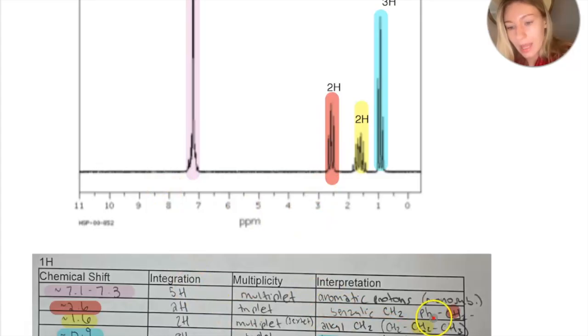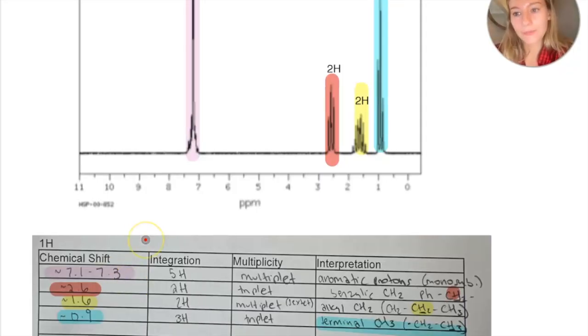So we have the phenyl and then the CH2. And then it's also a triplet. So that means it only has neighbors from the next CH2 on its right, which checks out. So then it wouldn't be just like a dimethyl, but on different sides of the ring.